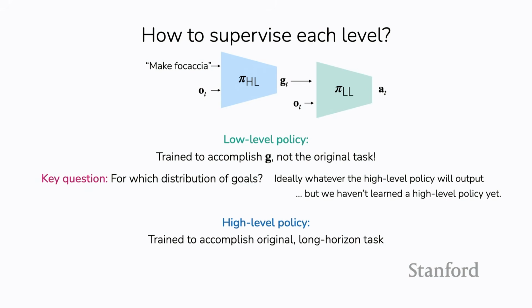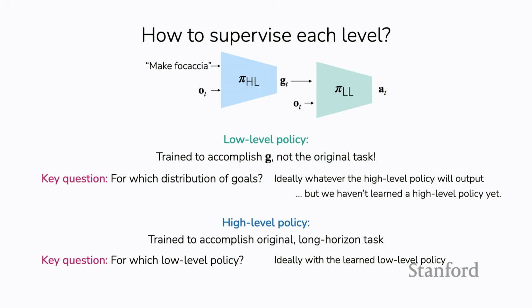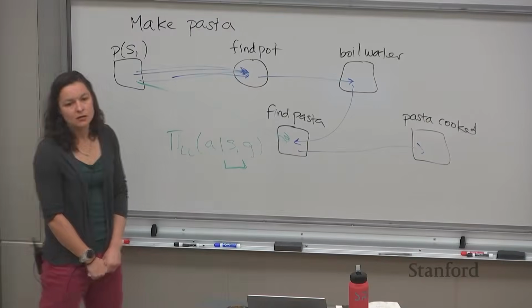Now, if we haven't actually learned a high-level policy yet, this puts things in a bit of a tricky situation. And likewise, for the high-level policy, if we assume that our low-level policy is really great, then we might not realize that it actually has some deficiencies and that we need to, for example, continue to command something in certain states until you've reached a state that a different skill can operate in.